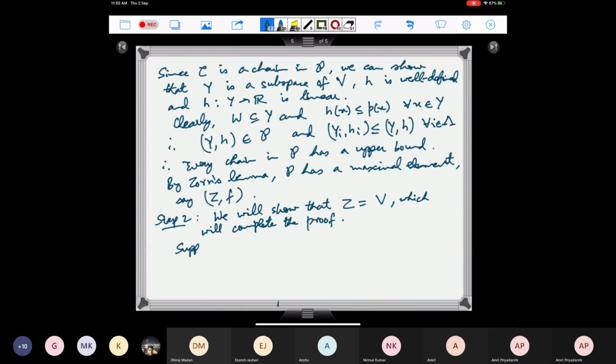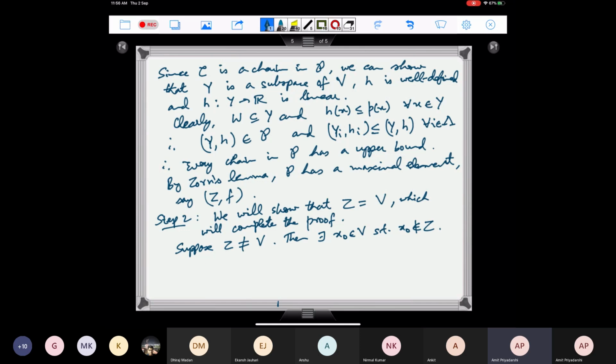Suppose this Z is not equal to V, then there exists some x naught in V such that x naught is not in Z. So we get an element which is not in this subspace Z, then we will see that we can extend this linear functional on Z to a bigger subspace.